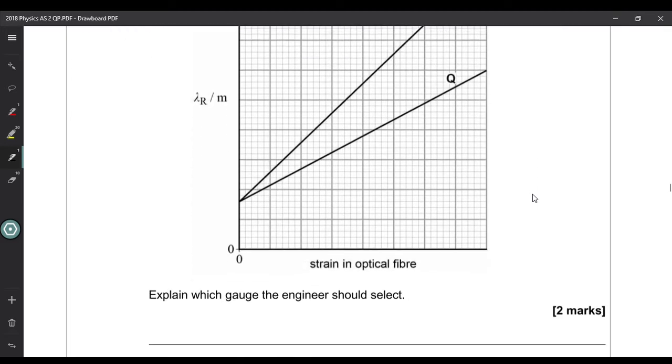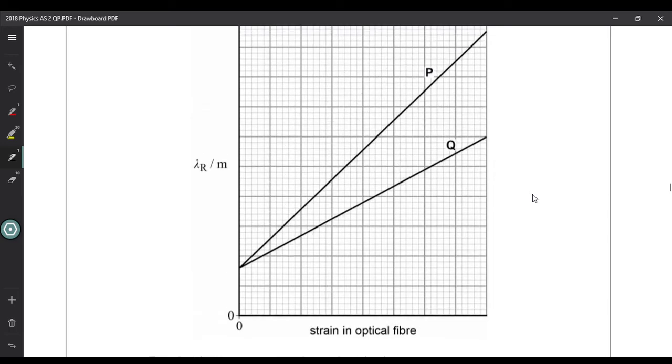And we're asked to explain which gauge the engineer should select. So we can see here that over the same strain, the difference in the change of lambda r is much greater in P. So for the same change in strain, we get a much larger change in lambda r.